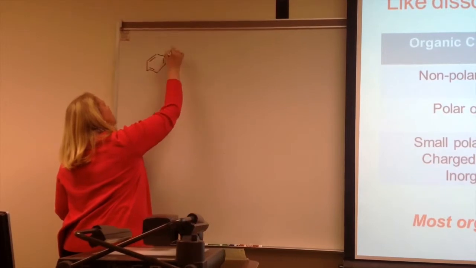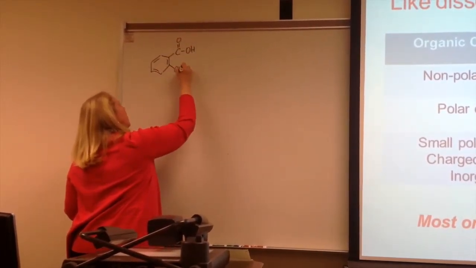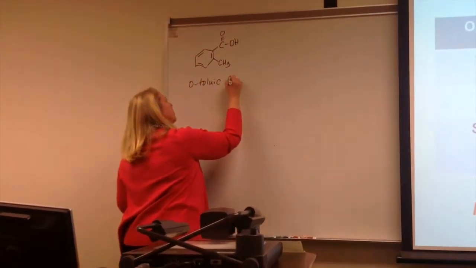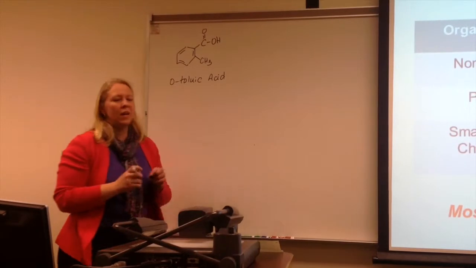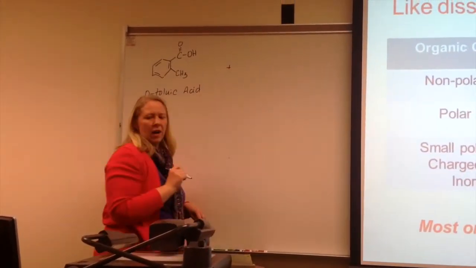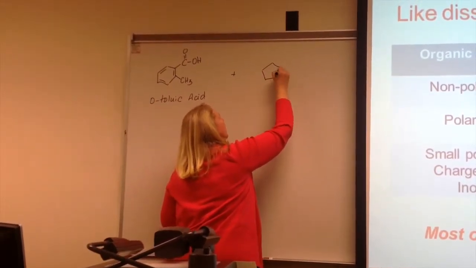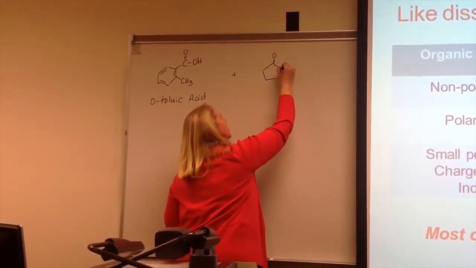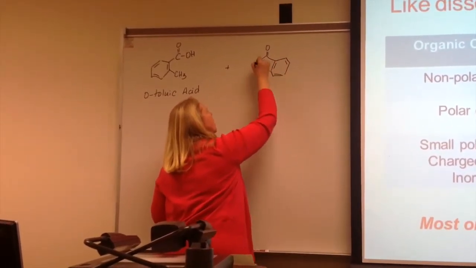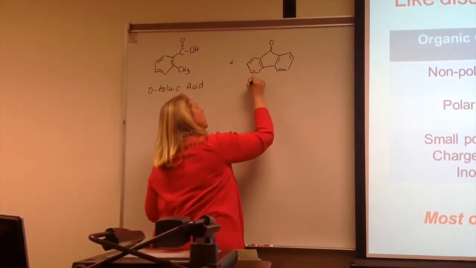So here's our benzene ring, carboxylic acid, and it also has a methyl group right here. And the neutral compound that is mixed in with this is 9-fluorenone. This compound looks like this, has a ketone in it, and then on each side of that five-membered ring, we've got a benzene ring attached to it.